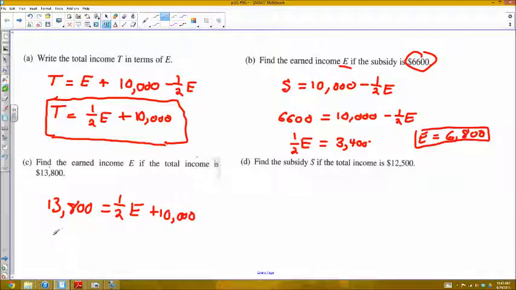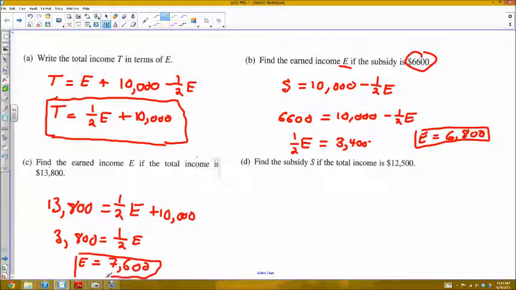Subtract 10,000 from both sides, I'll end up with 3,800 equals 1/2 my earned income, which tells me that my earned income will need to be $7,600 when I multiply both sides of that equation by 2. So from that information, I'm able to determine the other information.